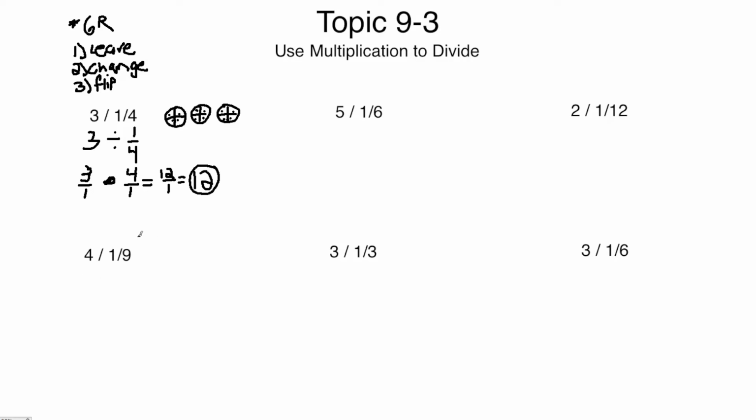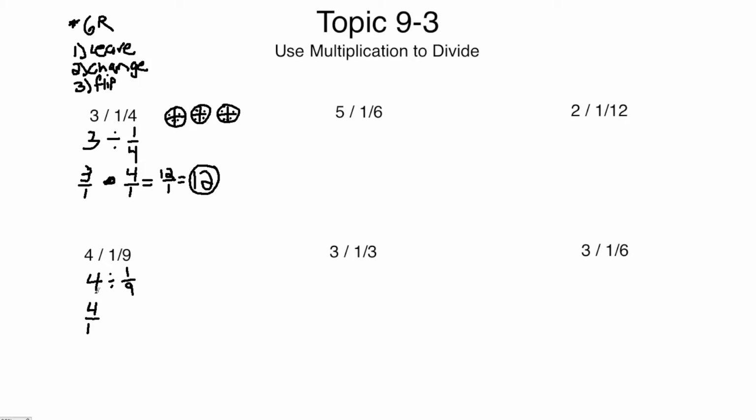All right, let's go to the second problem. Go ahead and push pause and see what you come up with. Okay, so we have 4 divided by 1/9. That's the unit fraction. So, let's do the golden rule.